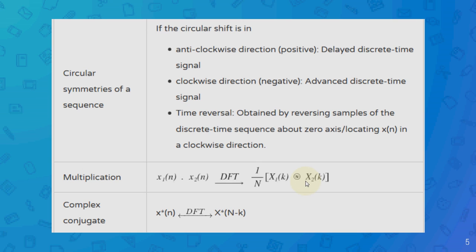Multiplication property: x1 of n into x2 of n. If the input signals are multiplied, then its DFT is the circular convolution scaled by 1 by N, that is 1 by N into X1 of k convolved with X2 of k. Complex conjugate property: the complex conjugate of the input signal x of n has the DFT equal to the complex conjugate of X of N minus k.